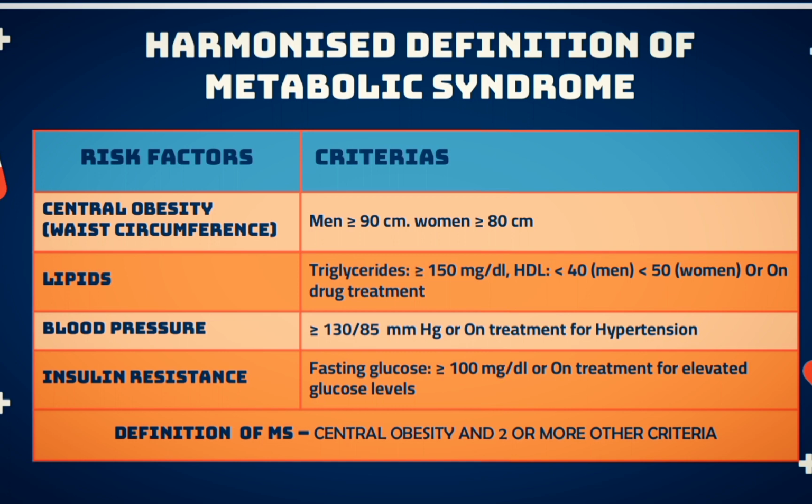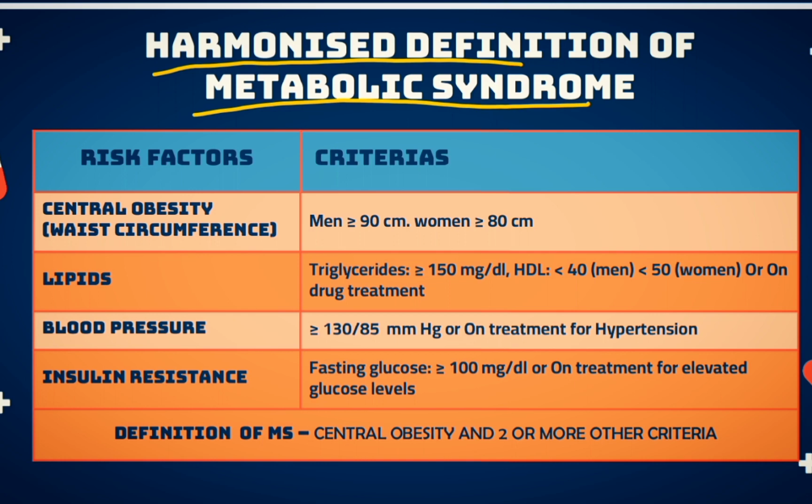So to remove such confusion among the researchers, one harmonized definition of metabolic syndrome was given. In this, 4 risk factors and their criteria were included to define a harmonized definition of this metabolic syndrome.